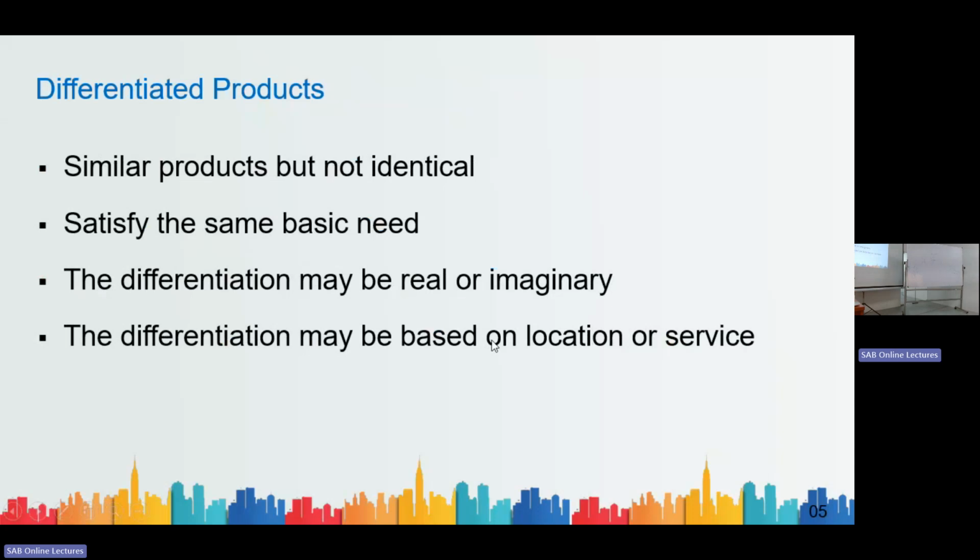The differentiation may be based on location or service. Yes, it also happens. Location, for example, let's say near a cinema theater there is an ice cream store. People who visit the cinema to watch a movie, after the movie they visit this ice cream stall. But there may be other ice cream outlets far away from the cinema.